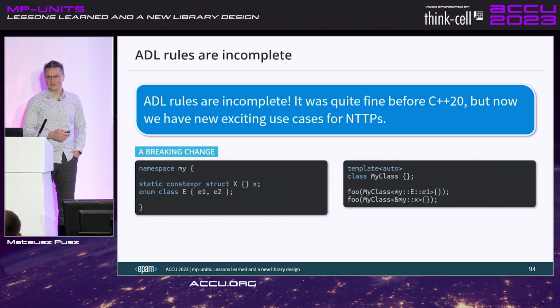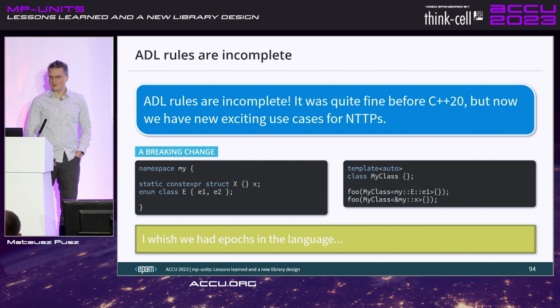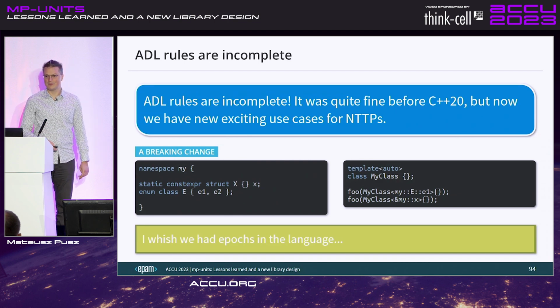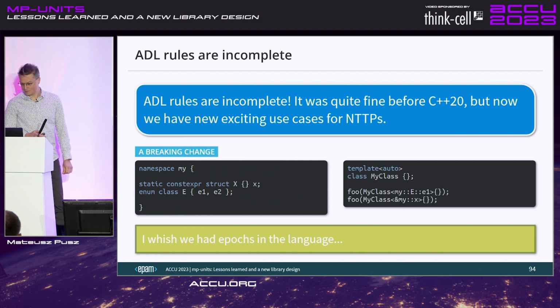So it's a breaking change. I don't expect that there are many things that will be broken, but some code may change the behavior. We'll be doing some investigations, but I think that we are stuck. We cannot change it. So ADL doesn't work. Unless we have some epochs, as Vittorio said on the panel. Then we may say that this is an epoch, and in the epoch, ADL rules are a bit different. Then it will be better.